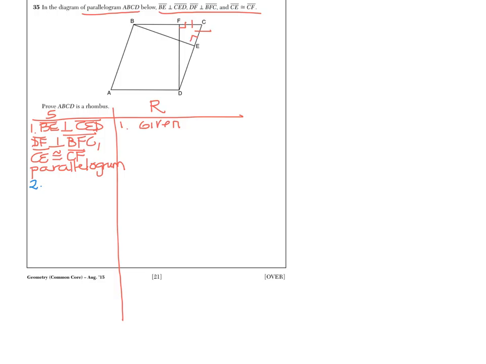So since we have right angles, I'm going to say that angle CFD is congruent to angle CEB, because perpendicular lines form right angles and they are congruent.